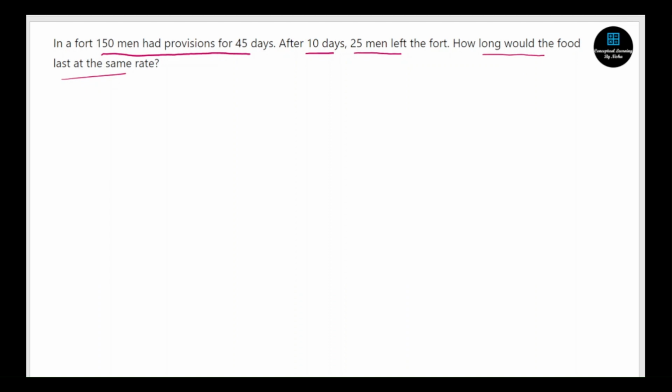So what I have to do is say the food for 150 men lasts for 45 minus 10, so 35 days.